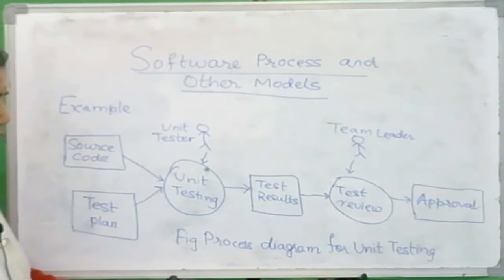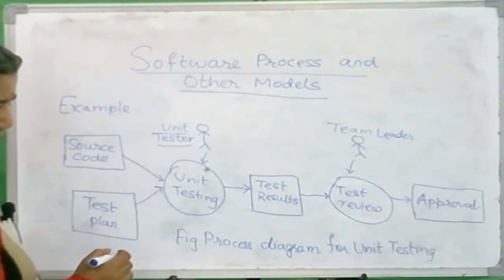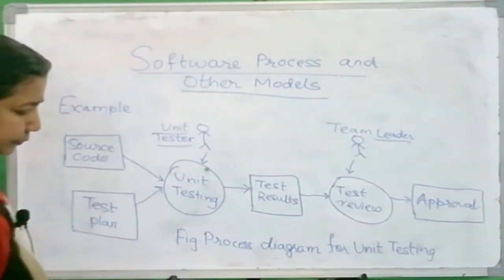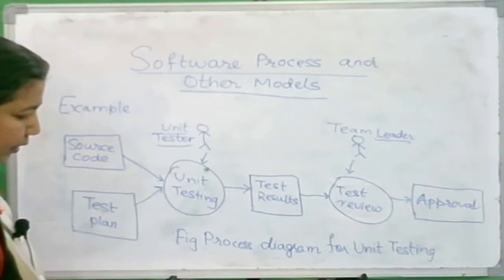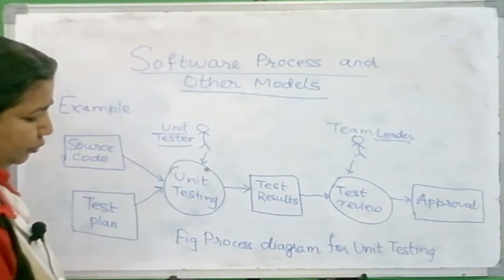Now the figure shows a process model for unit testing software. There are two actors: the unit tester, and the other actor is the team leader. The unit tester of course is responsible for the unit testing.